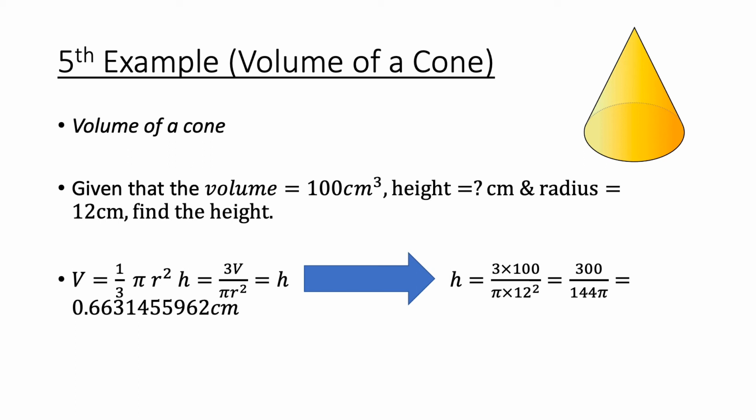So the square root of 3 times the volume divided by pi h gives you the radius. I hope that made sense, guys. Again, if you're unsure, put your questions or queries in the comments section.